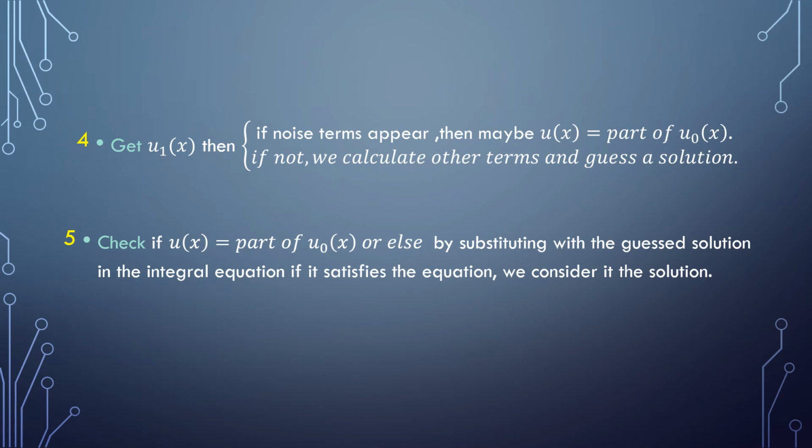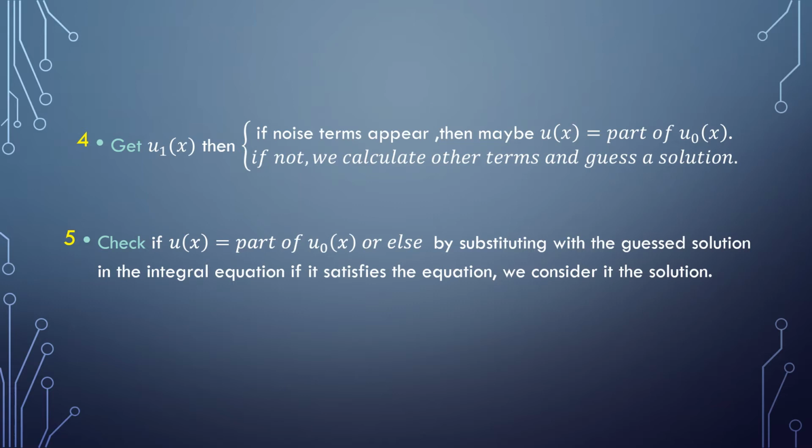What about step number 4? In step number 4, you check if there are noise terms when adding u0 plus u1. I mean, if there is part of u1 that is cancelled with part of u0. If so, this part, which is minus and plus, are called noise terms. Okay?